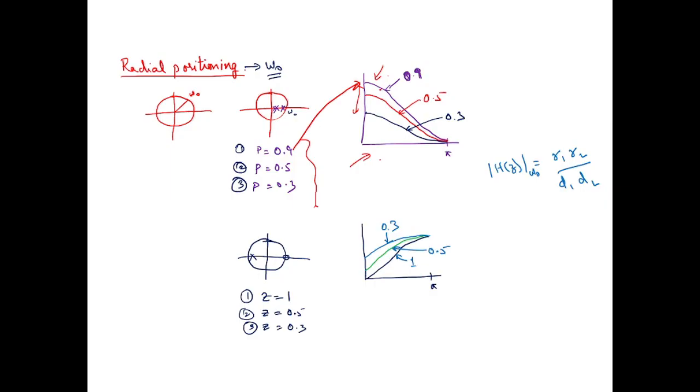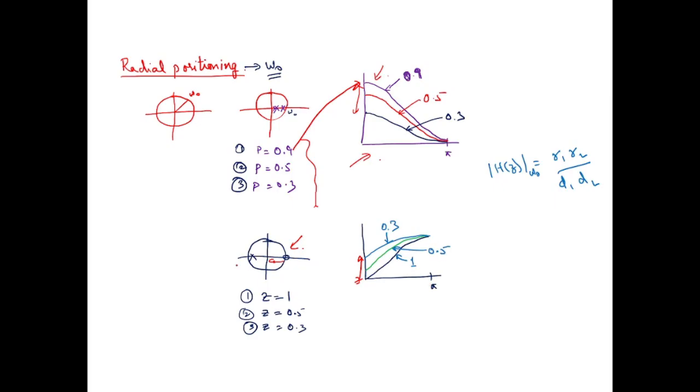Similarly, if you look at the zero aspect, we have placed the zero on the unit circle, then at 0.5 and 0.3. When we put it at z equals 1, that means on the unit circle, the amplitude response at the DC frequency becomes 0, and when we move towards the origin, the amplitude increases.